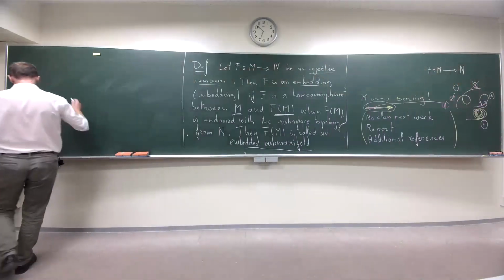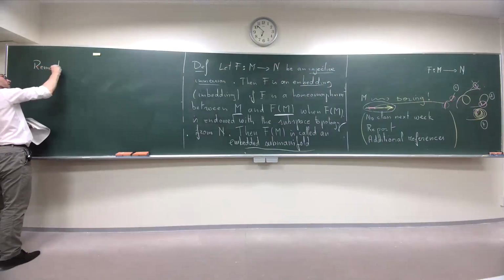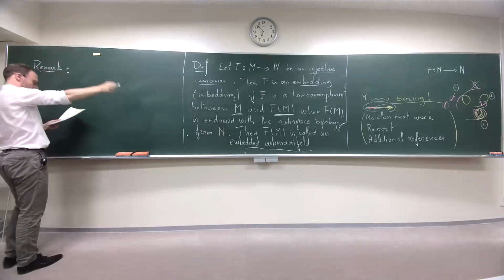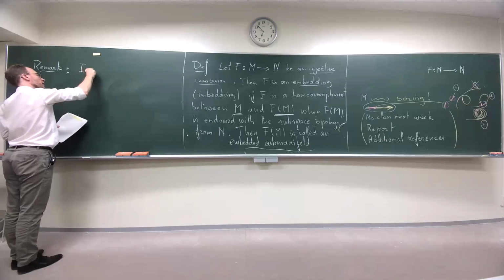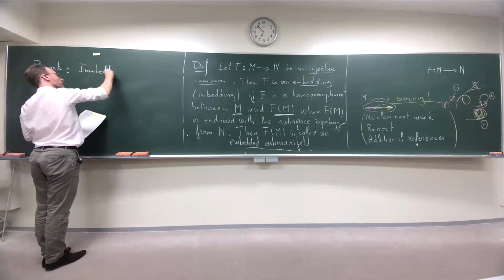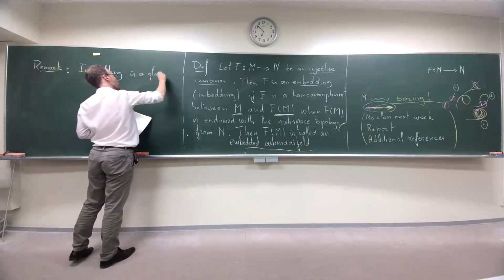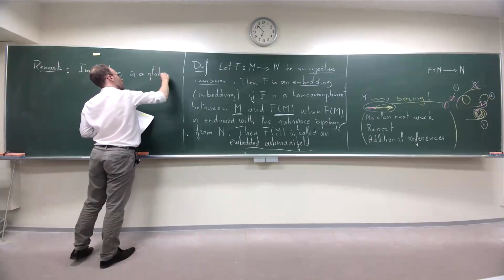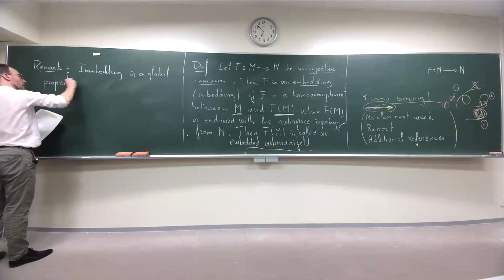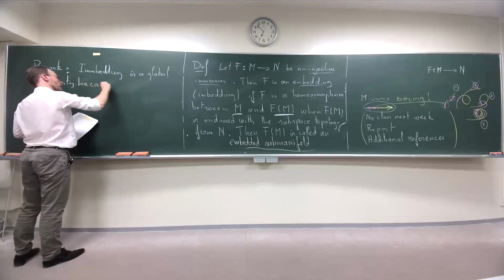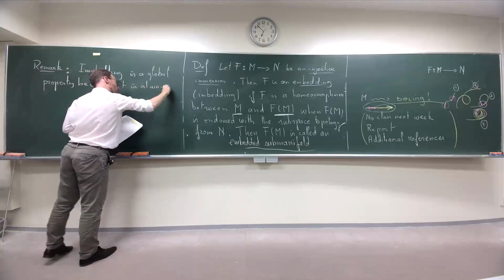And what is the remark I wanted to say? So it's a remark, if somebody wants to think about it. This property, embedding, is a global property, because it is always true locally.